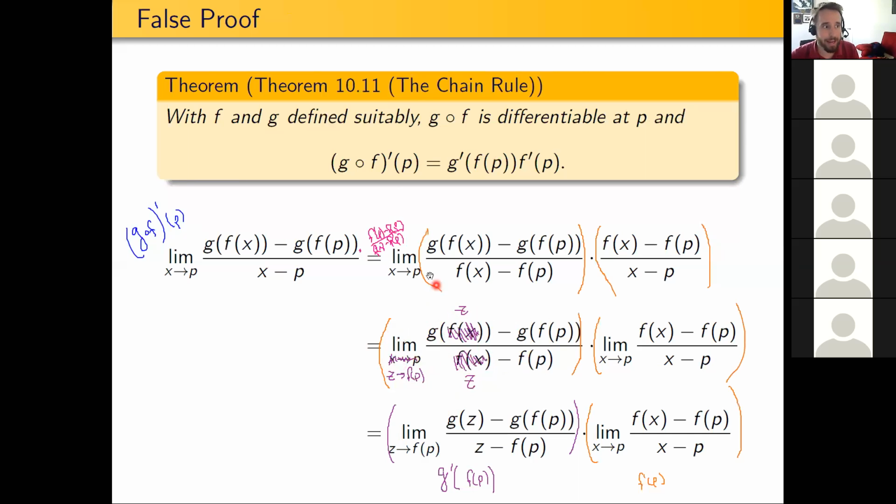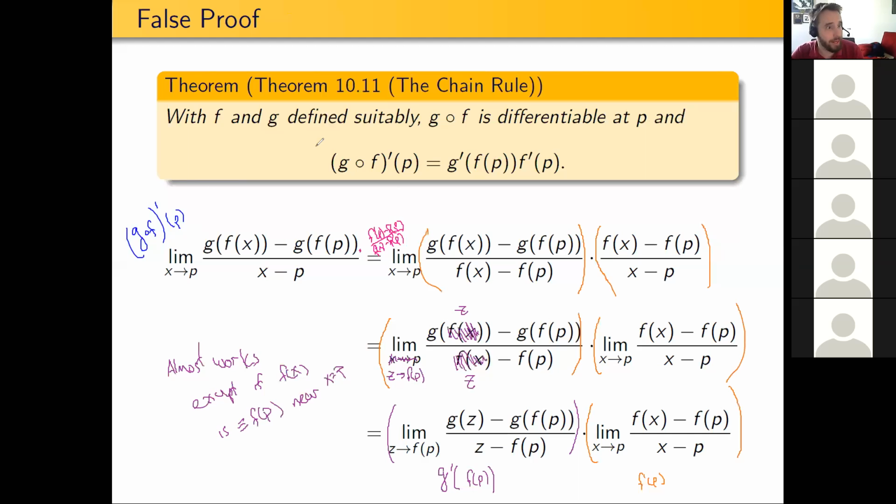And the trouble, maybe I'll say this out loud, or I'll try to find a nice way to shorthand it: this almost works, right? It almost works, except if f of x is equal to f of p near x equals p.